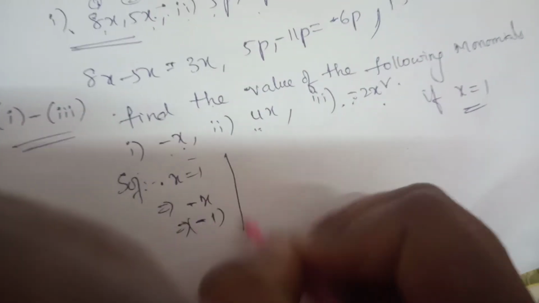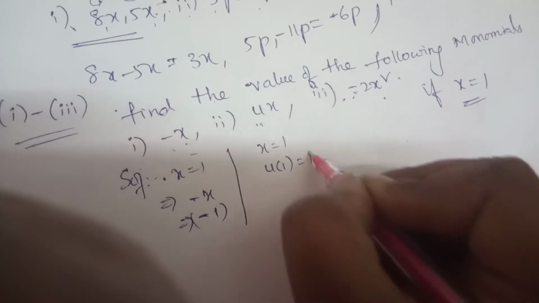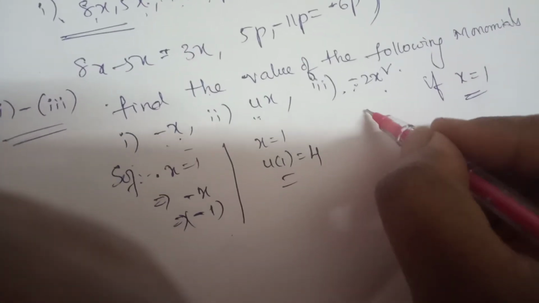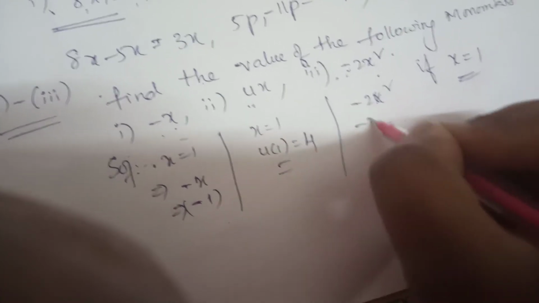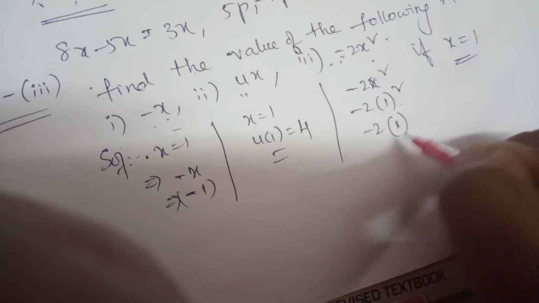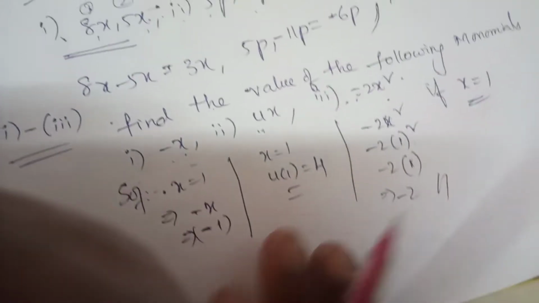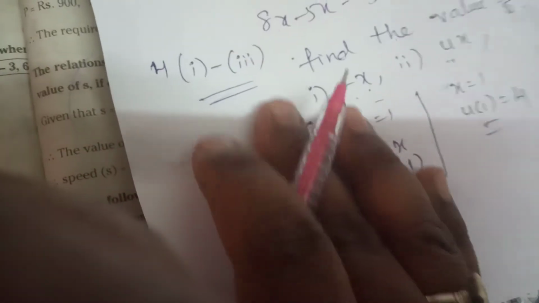Second, 4 into 1, 4. Now minus 2x square, minus 2 into 1, 1 square is always 1, so minus 2. Okay? Understood?